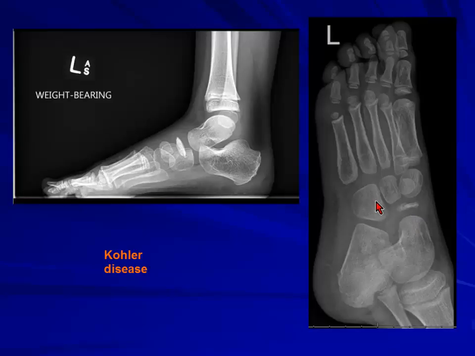You can see the trabeculae. This one, if you compare this, is sclerosed. So what does it reflect? It's an AVN. So it's called Kohler's disease, avascular necrosis of the navicular. Painful feet in children, always do a plain film, and if you see this, this is AVN of the navicular.